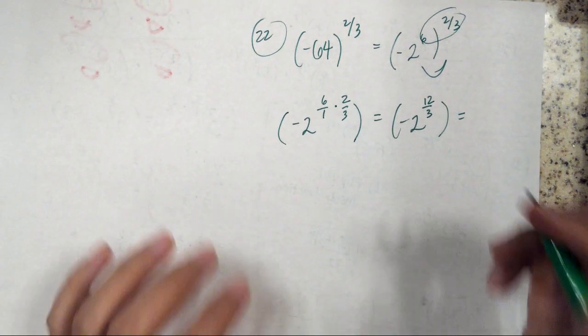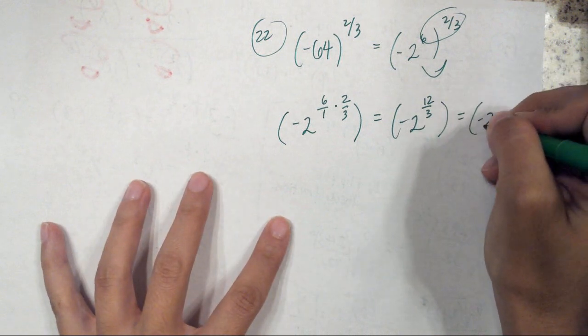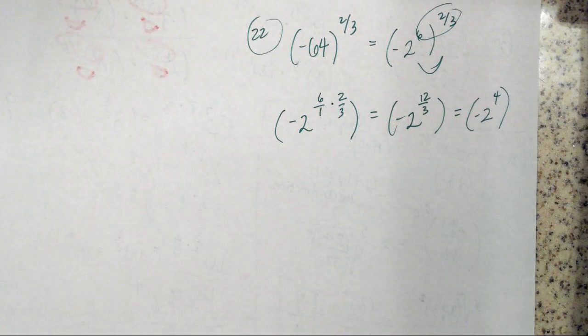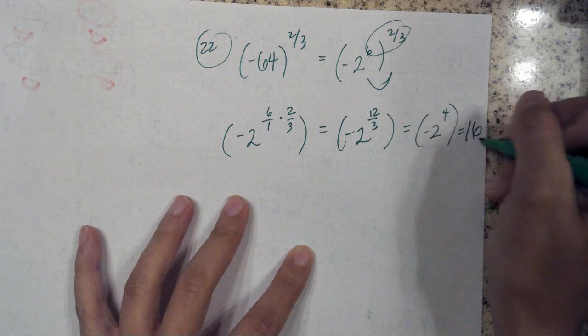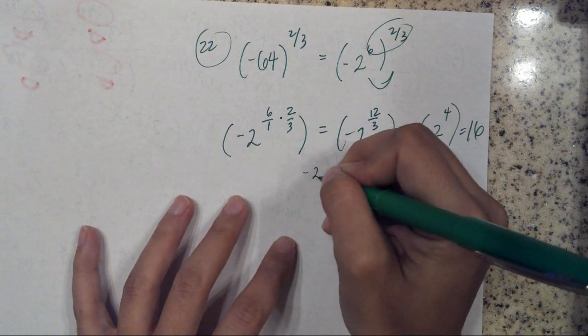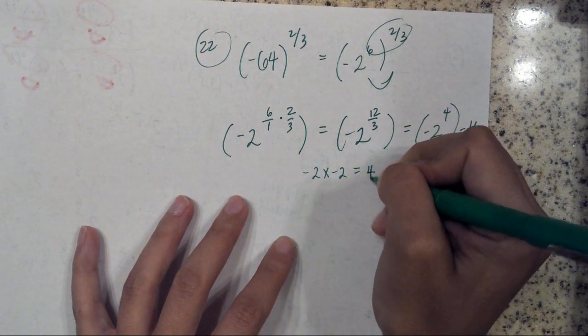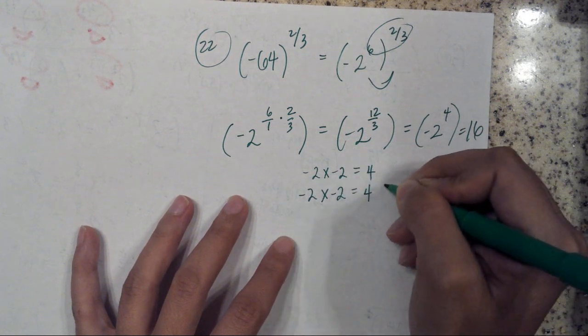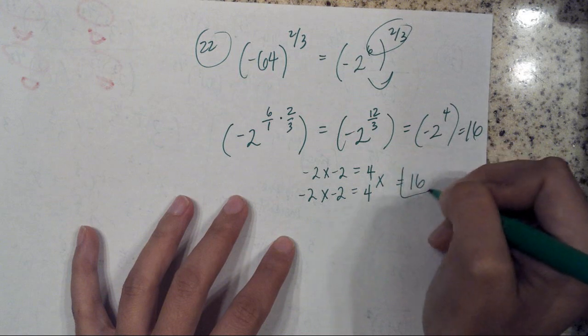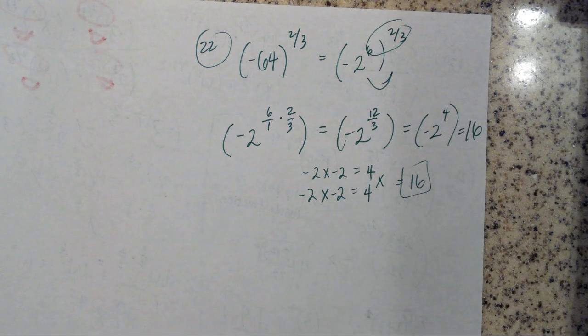And then 12 divided by 3 is 4. So you have -2 to the 4th power is going to give you positive 16. Just think about it, because you have -2 times -2, which is positive 4. If you have another set of -2 times -2, you get positive 4. So 4 times 4 is positive 16.